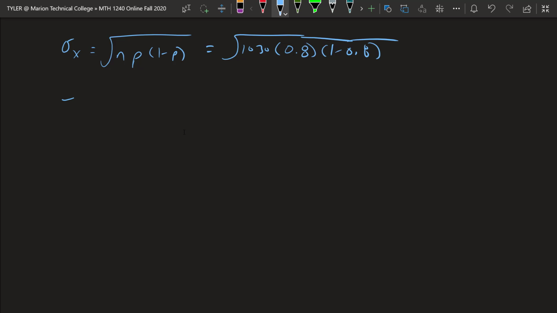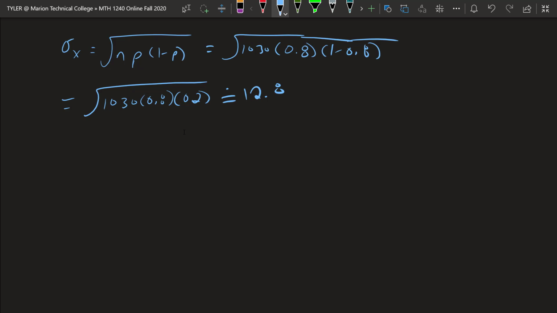In other words, this is equal to the square root of 1030 times 0.8 times 0.2. So this comes out to be approximately equal to 12.8.